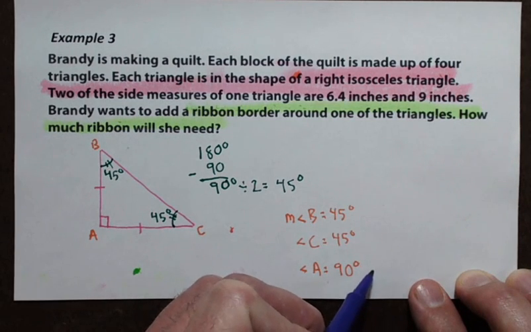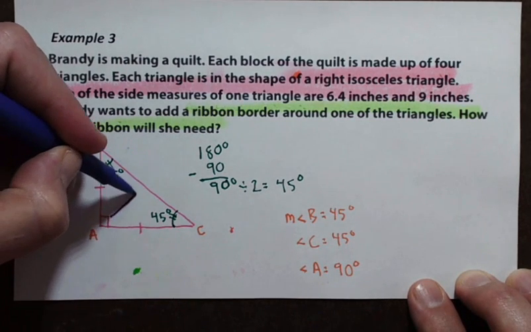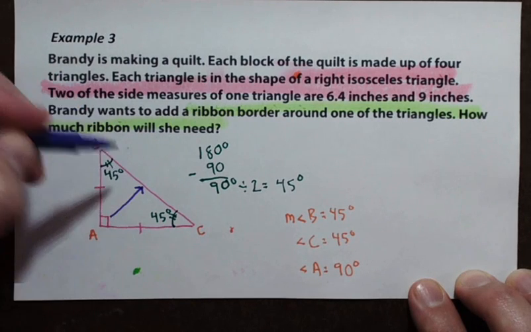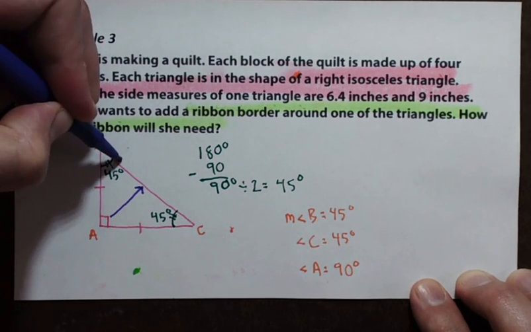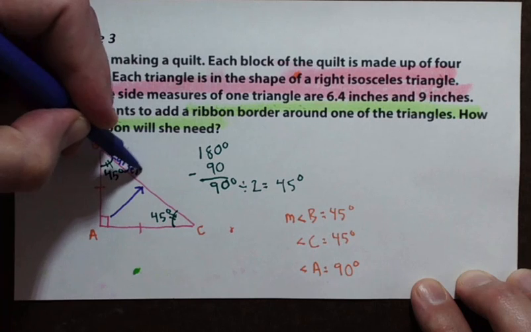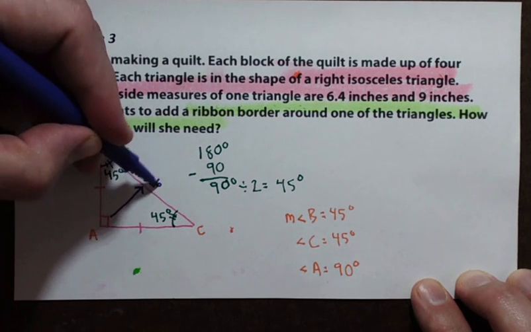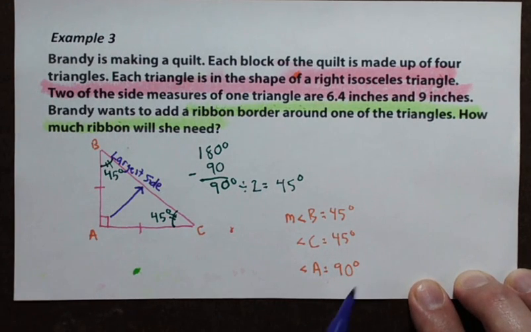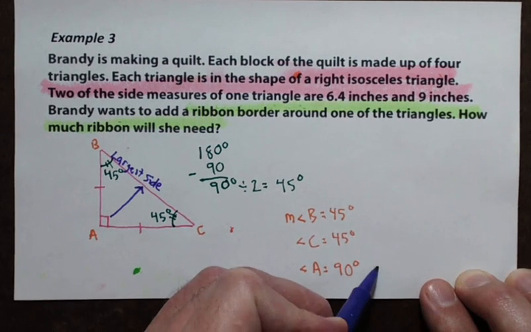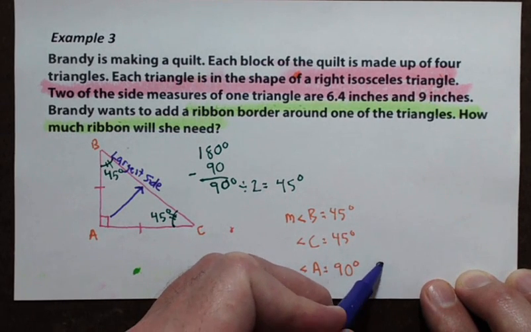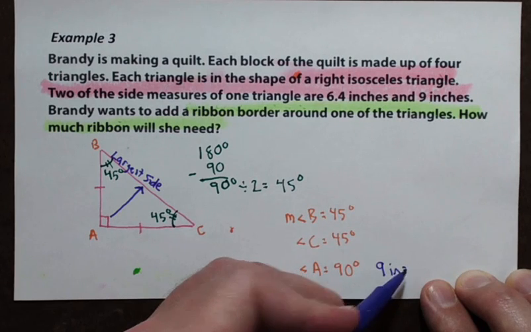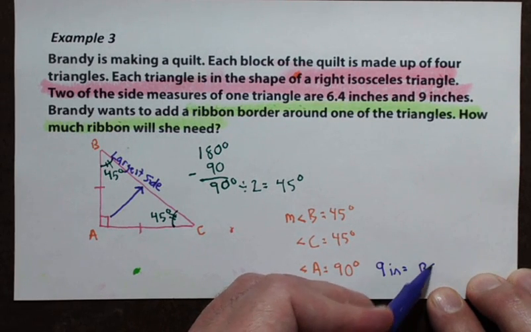So I know that this right here is my largest side. That is side BC. So 9 inches equals BC.